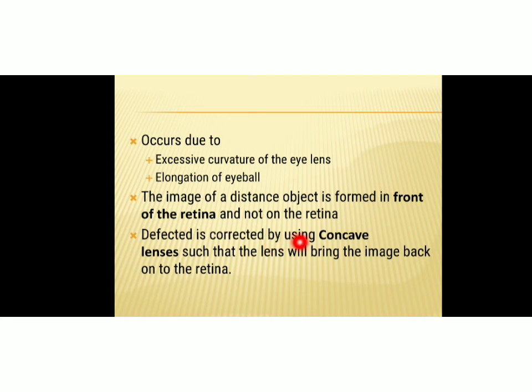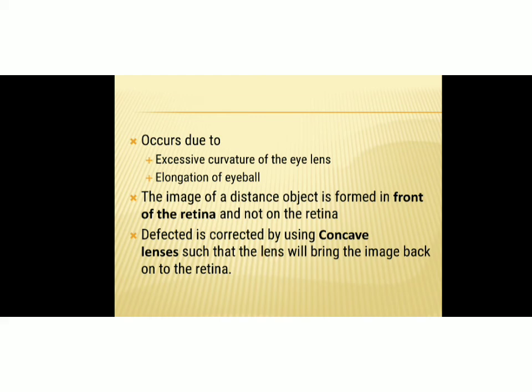This defect is corrected by using concave lenses, so that the lens will bring the image back to retina. So the person with short sight should wear specs with concave lens, such that the image is formed on retina.